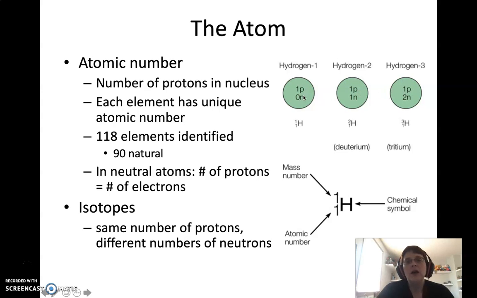In hydrogen 1, which is our normal hydrogen, we've got no neutrons, so it's just 1 proton. In hydrogen 2, we've got 1 neutron and 1 proton, hence the 2. This is called deuterium. And then tritium, for 3, has 1 proton and 2 neutrons. So hydrogen 3, or tritium, is going to be the heaviest out of the hydrogens because of those extra neutrons.